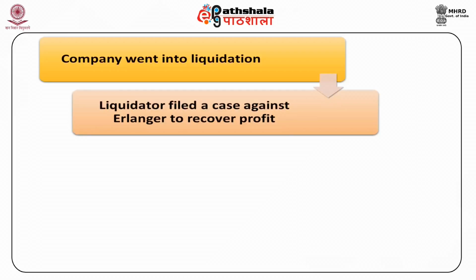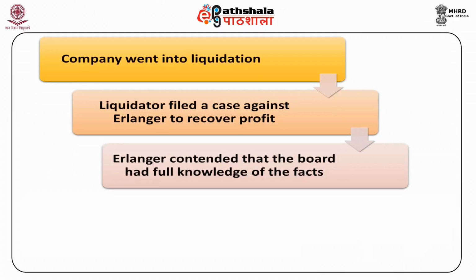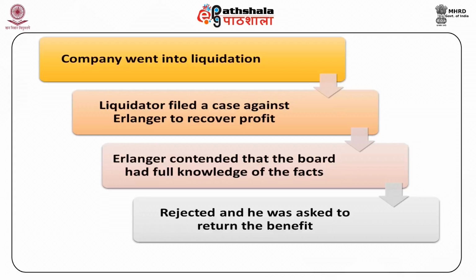The liquidator filed a case against Erlanger to recover the profit made by him on account of sale of island to the company. Erlanger defended the case on the plea that the board of directors had full knowledge of the facts. His contention was rejected and he was asked to return the benefit to the liquidator.